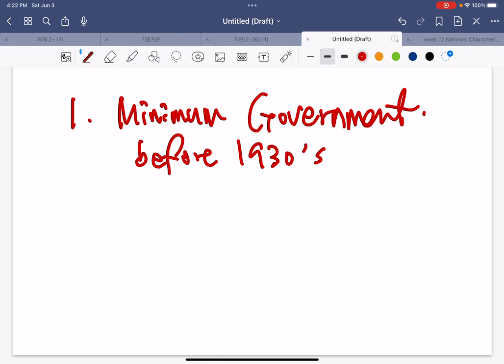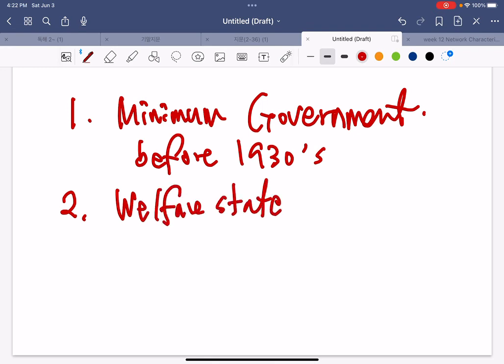And then, to overcome the Great Depression, a different approach was emphasized. What is the different approach? Yeah, the welfare state, or big government.